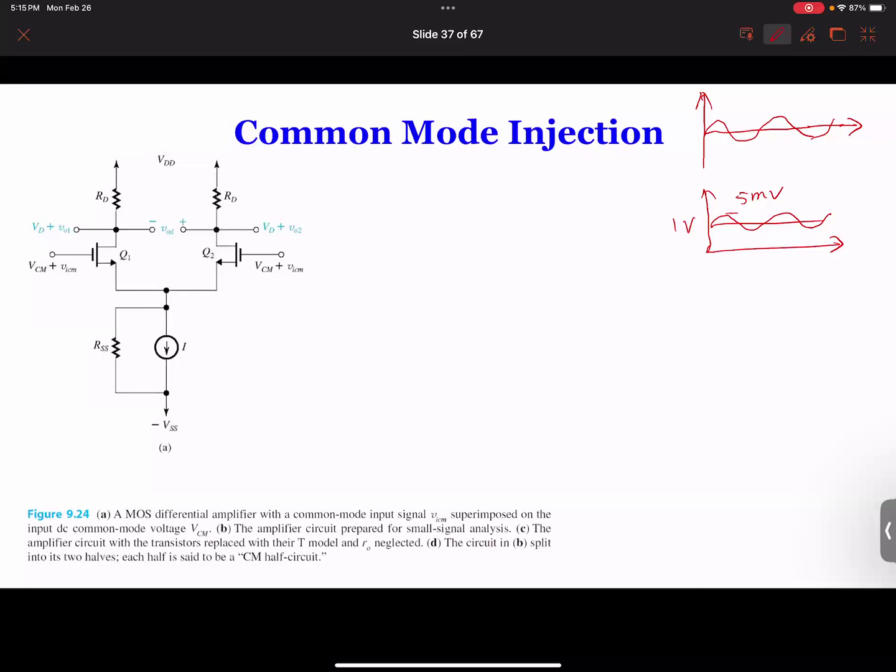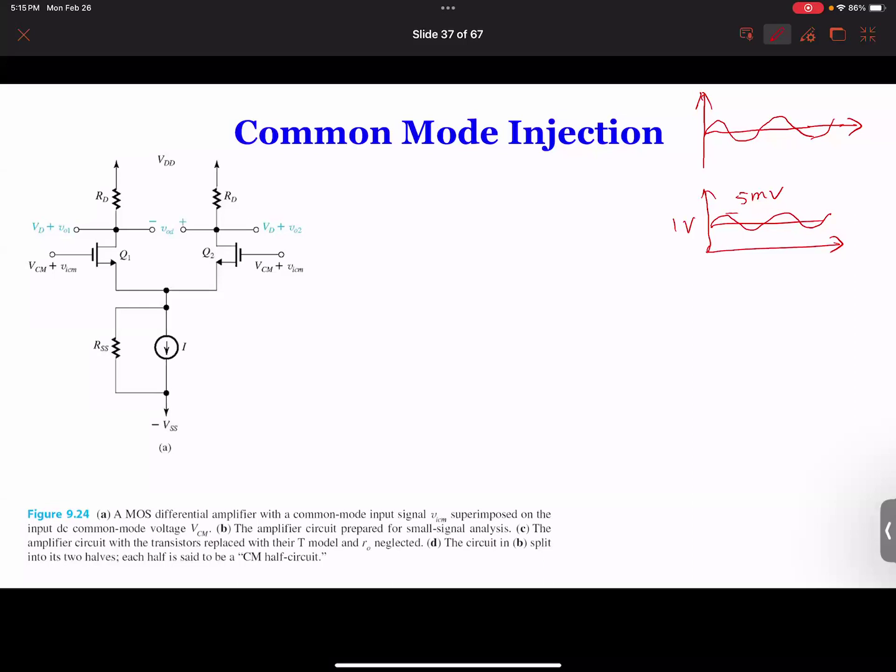They're common, they are the same. So what it means here is we're going to add VCM plus VICM on the left side, and VCM plus VICM on the right-hand side as well. So the two inputs are going to be exactly the same at the two gates. And we're going to take the output at the drain of each of the MOSFETs.